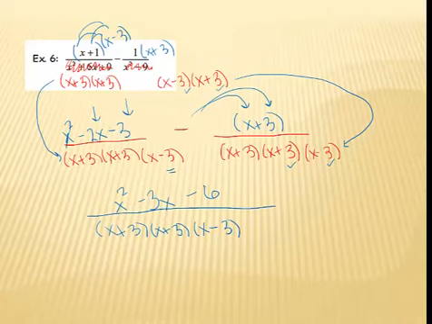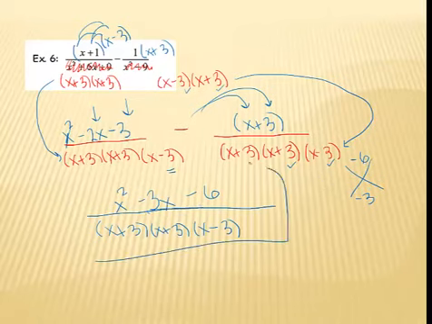And then we're going to try and factor this here. What numbers will multiply to give me negative 6 and add up to negative 3? Nothing. We tried. That's our final answer.